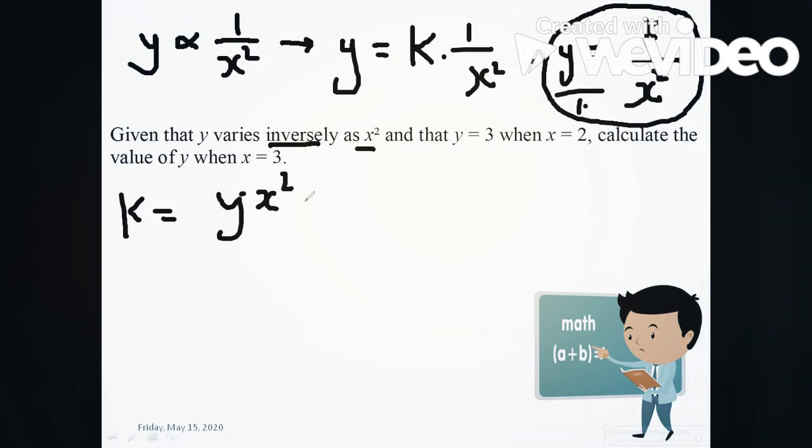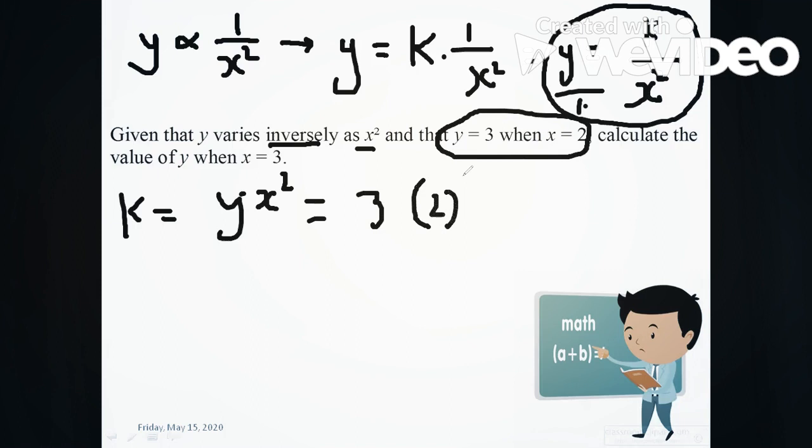Now if you look at the question, they give you 2 values, just like the table a while ago. They have to give you 2 values to work out the constant. So y is 3, multiplied by x squared, which is 2 squared. And 2 squared is 4. And 3 fours is 12. So our k value is equal to 12.